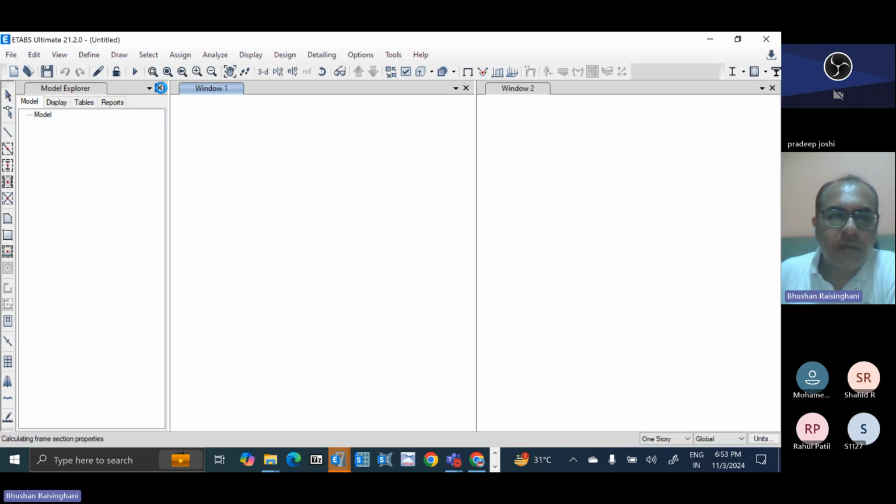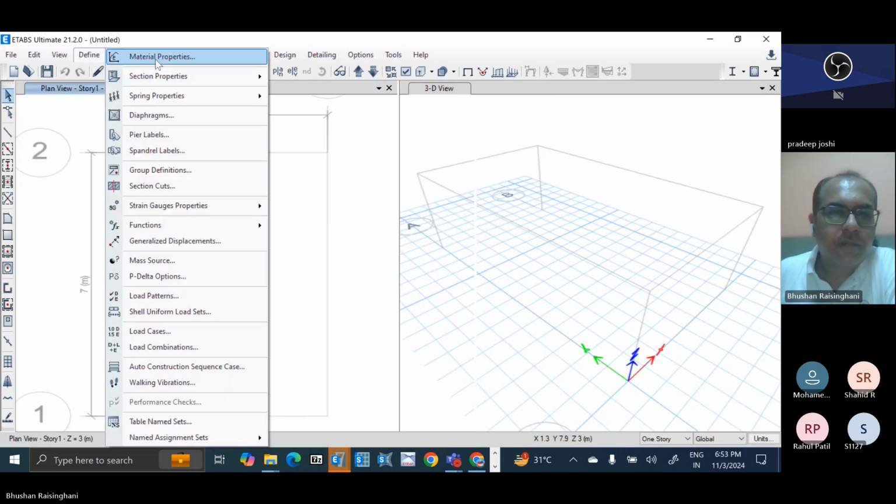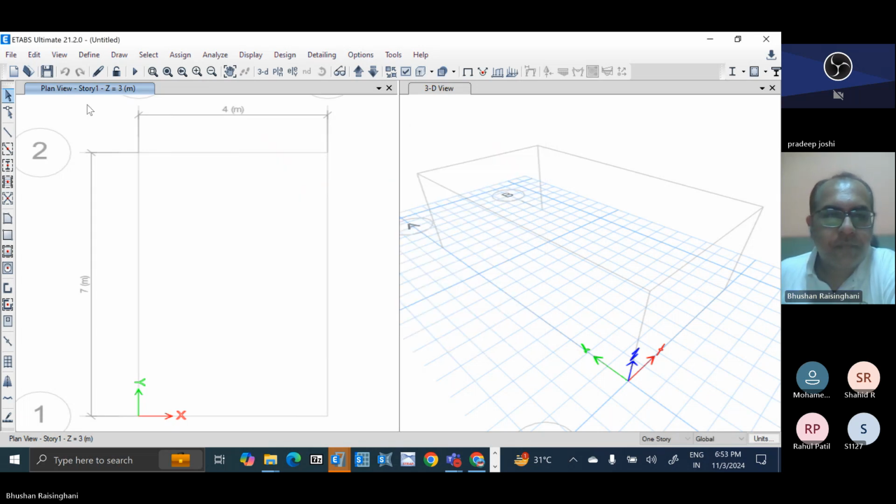Let me first define all the elements, define the material properties and the elements. It is already defined, so I'll not change it.